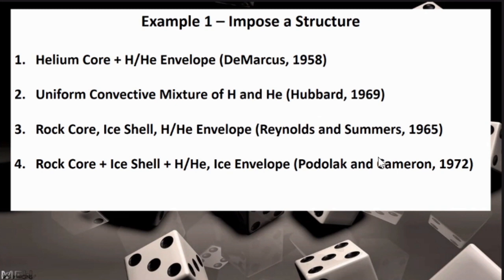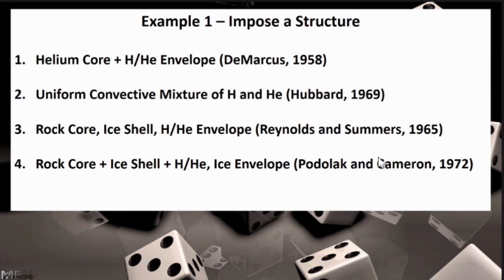The next example that I want to give is Reynolds and Summers. Ray Reynolds was a student of DeMarcus, and that's part of the story. He did models of Uranus and Neptune. Audrey Summers helped him with the computing, and they assumed three-layer models, which is a pretty standard and common thing.